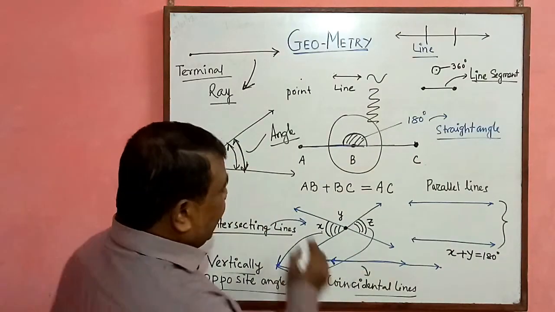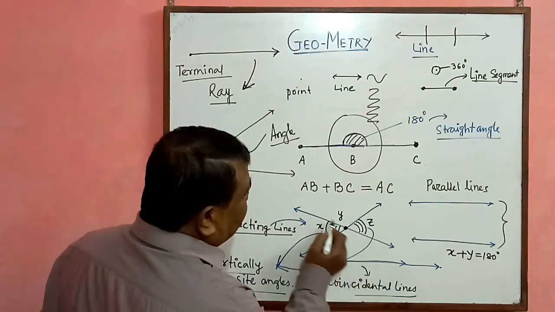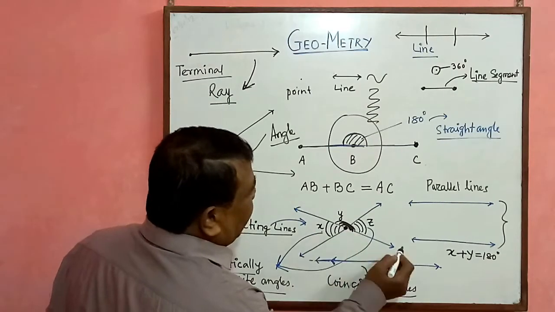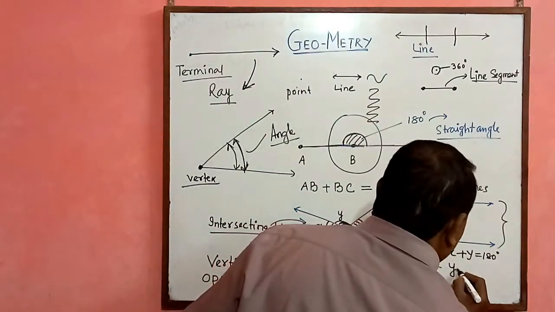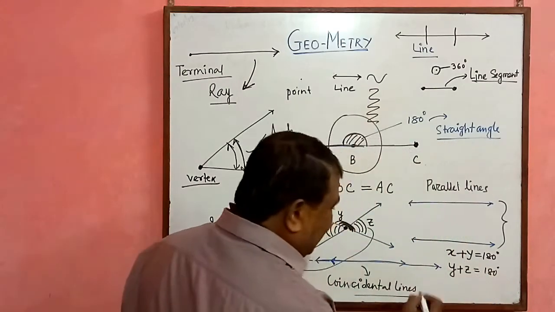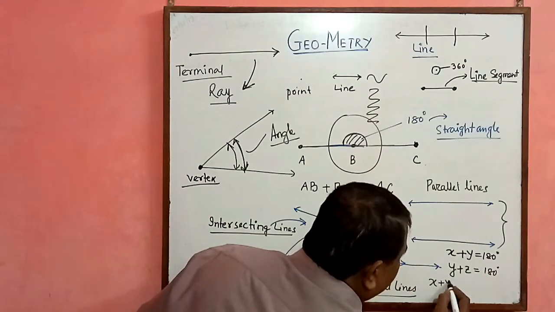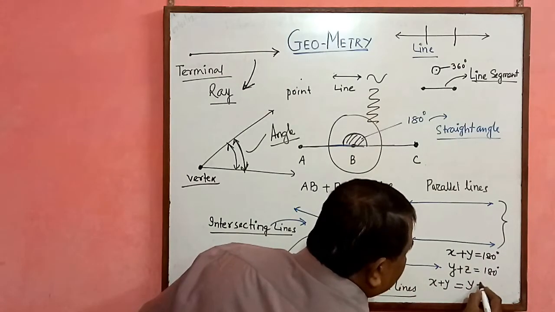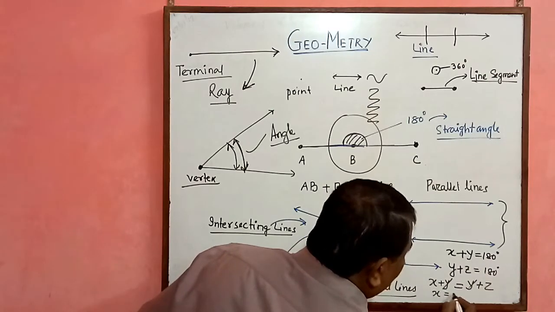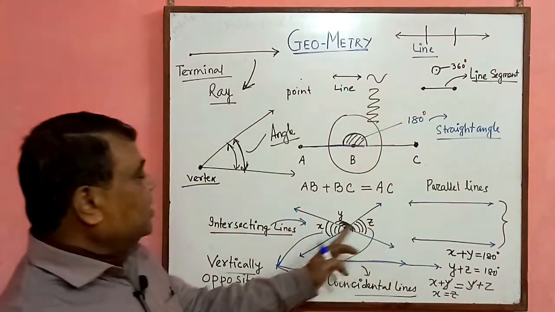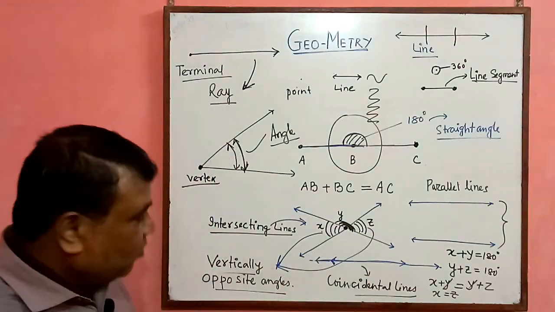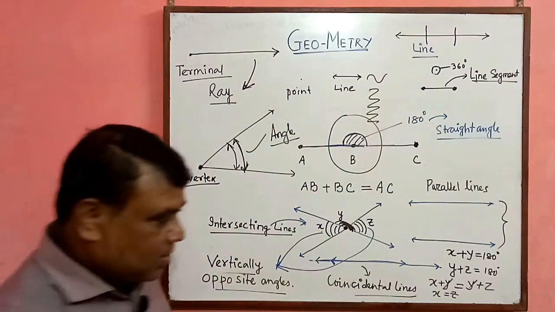And y plus z, again it is a line, so this is also a straight angle of 180 degrees. Y plus z is 180 degrees. So obviously x plus y is equal to y plus z. So y cancels out and x is equal to z. That means the two pairs of vertically opposite angles are equal when two lines intersect with each other.